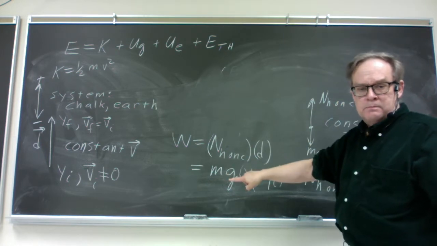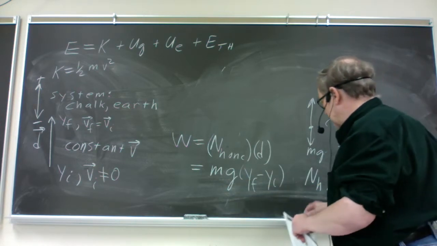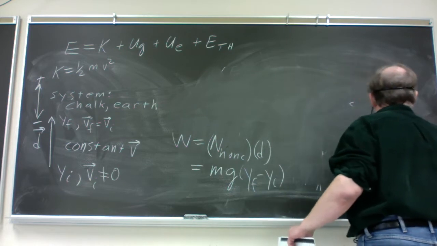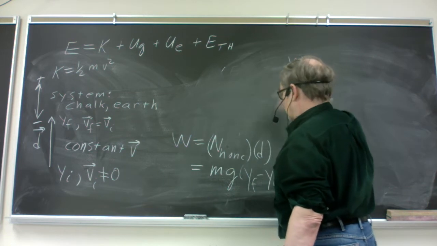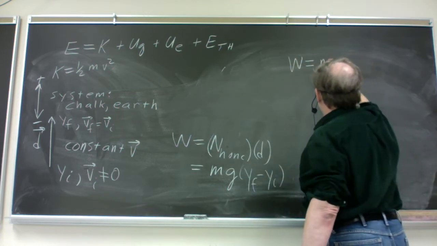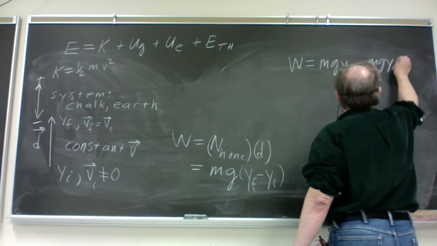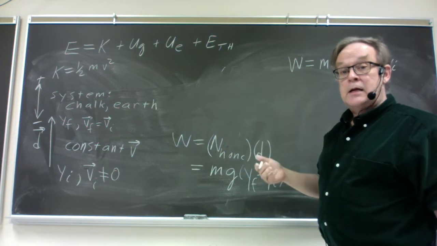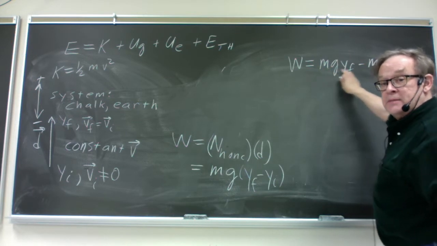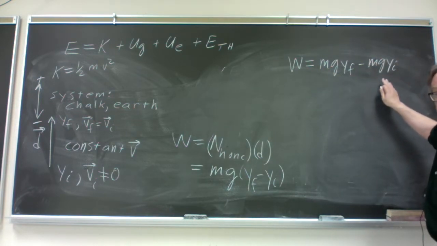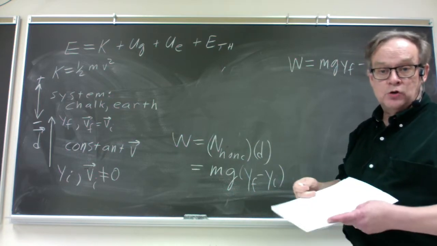Now, let me do the distributive property on these numbers. So the work done is in this case equal to mg final elevation minus mg initial elevation, and that looks like a change in something because it's a final something minus an initial something, and that something is what we call gravitational potential energy.